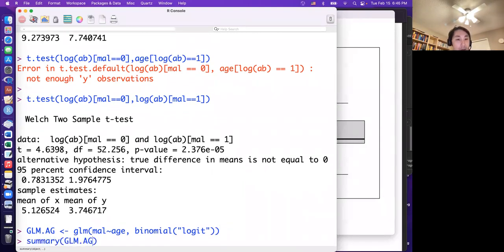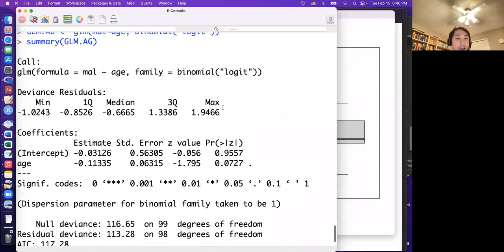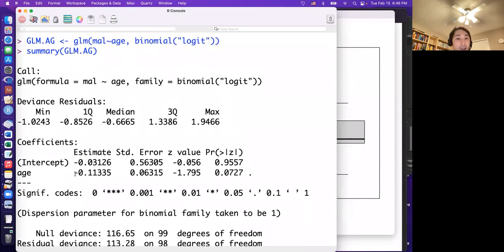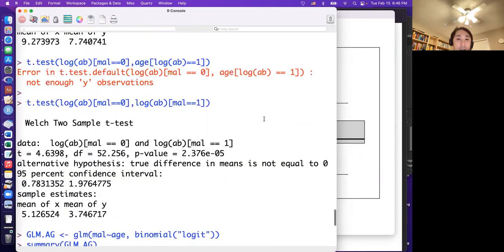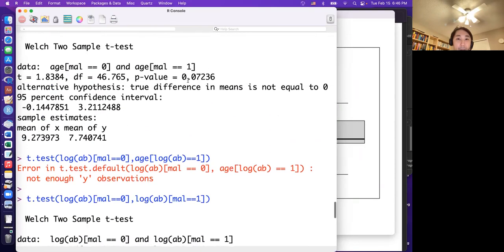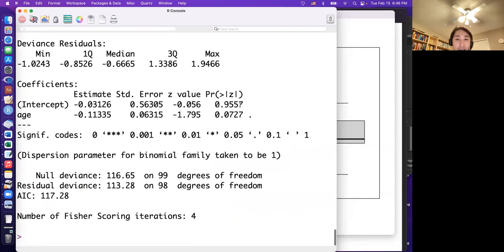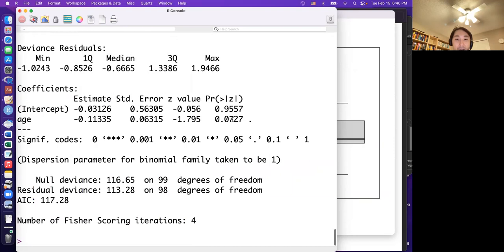Then you can do the summary of the logistic regression, and you can see that age has a negative effect. So the higher the age, the less malignancy. The p-value is similar to the t-test we have done: 0.0724 there and 0.0727 here.